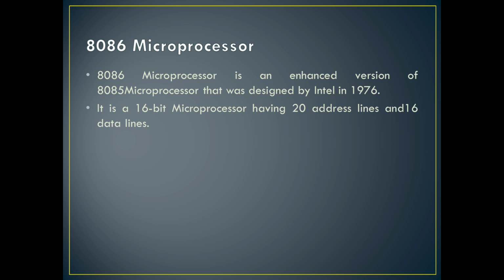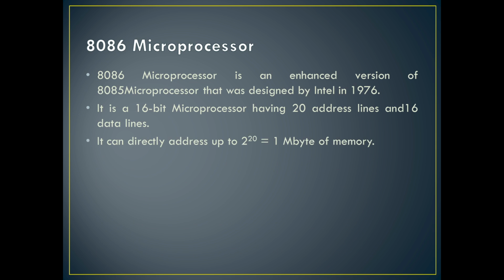That means only 16 data lines will be there. One more piece of information is that it has 20 address lines. So the 8086 microprocessor has 16 data lines and 20 address lines.